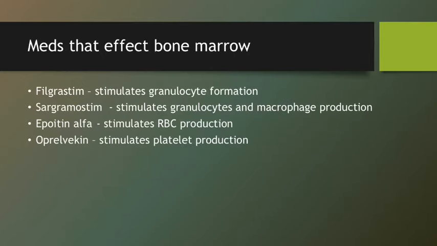Meds that affect bone marrow, because we know cancer and chemotherapy and radiation therapy cause bone marrow suppression. We have medications that we can give to increase production of platelets, red blood cells, and white blood cells. You need to know that. That's what they do.